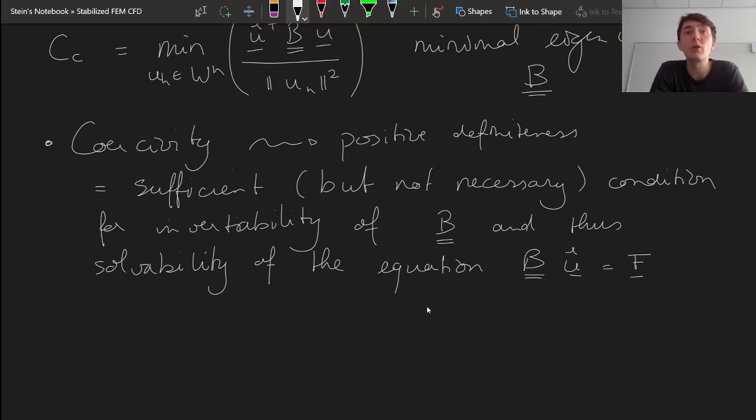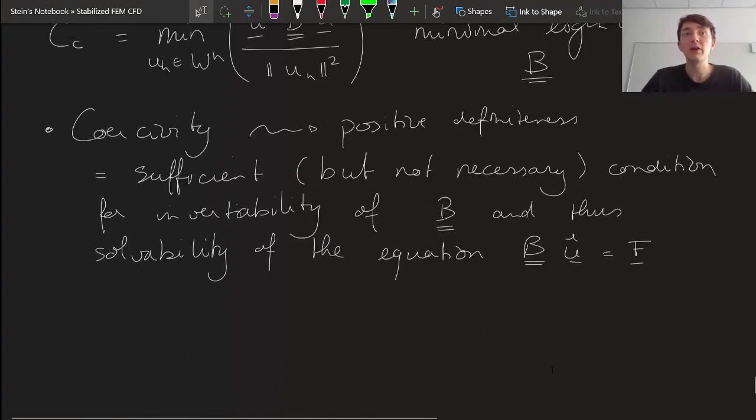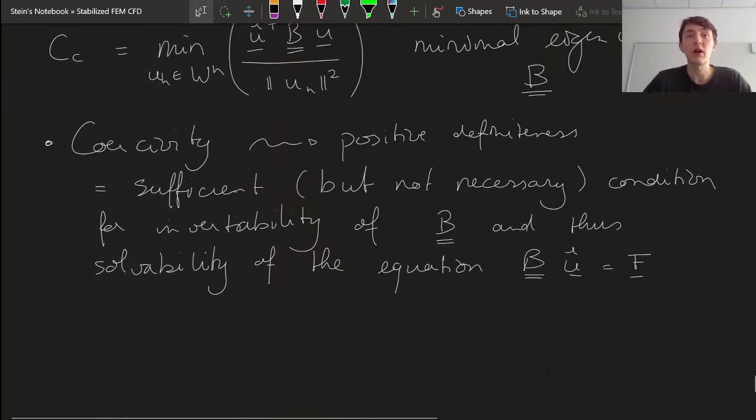Now, that's something that we can only do in a discrete sense. We can only formulate a stiffness matrix in a discrete sense. We have here an iterator i and j going from 1 to the number of degrees of freedom. If our spaces are infinite dimensional, our Sobolev spaces, right, there's infinitely many functions in our Sobolev space, then we would not be able to do this. But in a discrete sense, this is all we need.